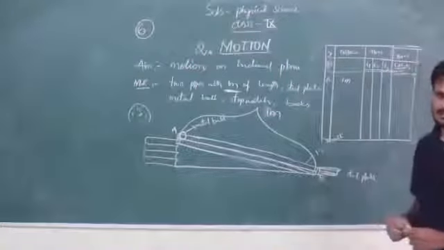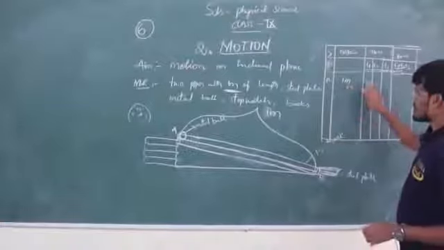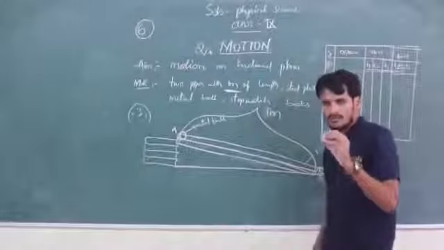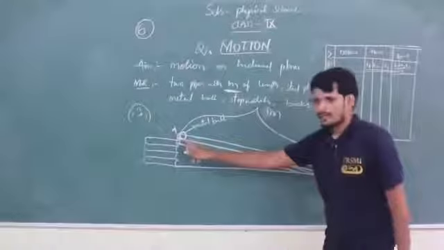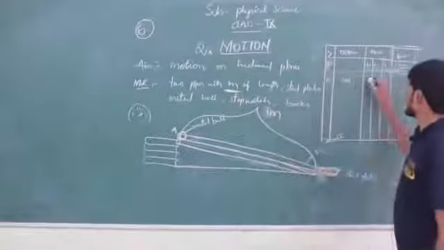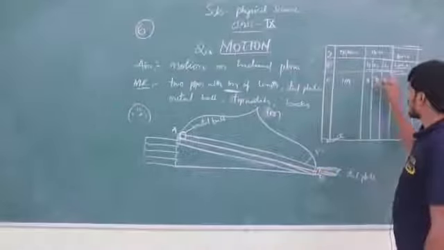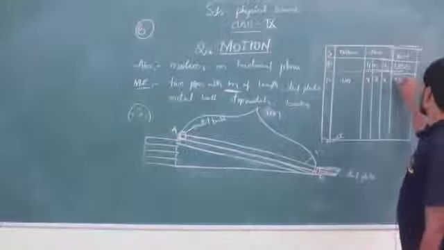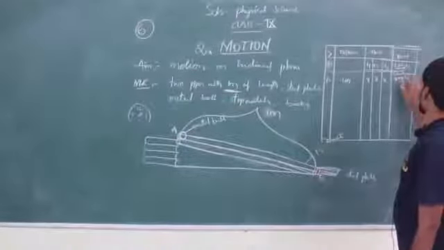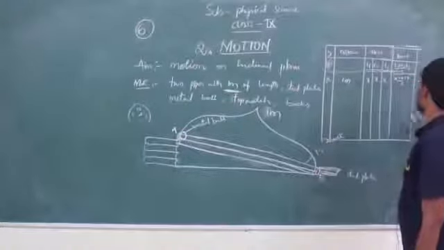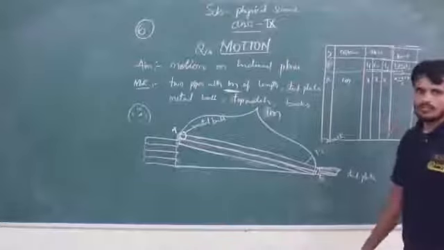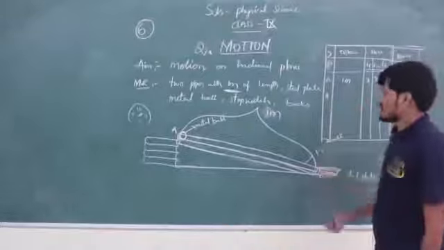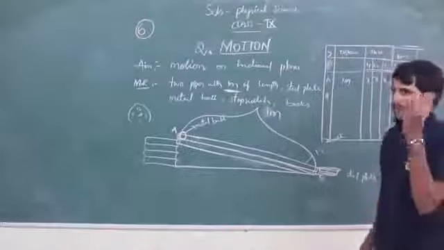For each object I measure three times. In the first attempt it covers, for example, x meters of distance; in the second and third also it covers x meters. So (x + x + x) by 3, nothing but x, so the average speed is x.